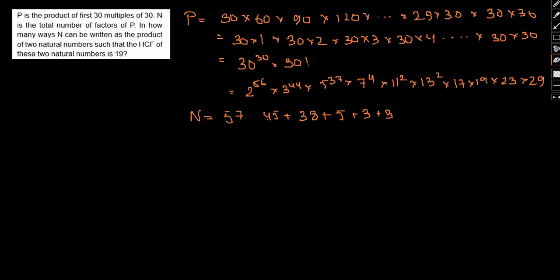N is the product of 57 into 45 into 28 into 5 into 3 into 3, and for the rest of these we have 2 into 2 into 2 into 2 into 2 into 2 into 2.